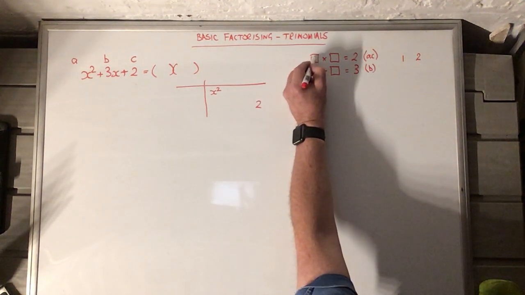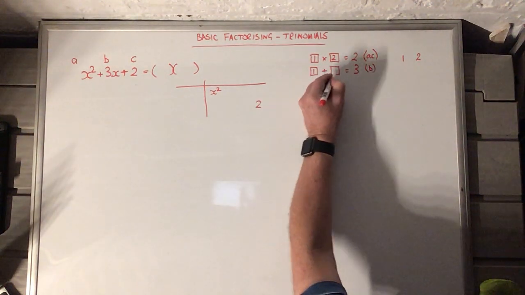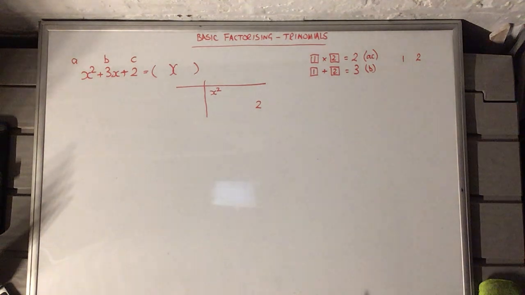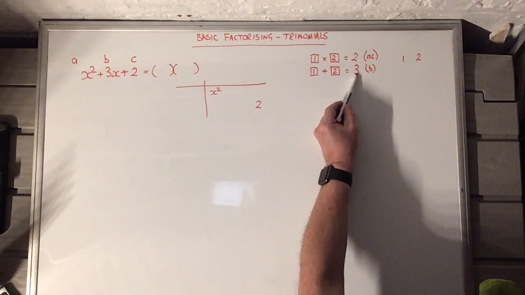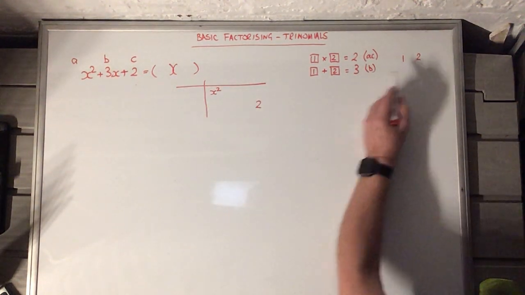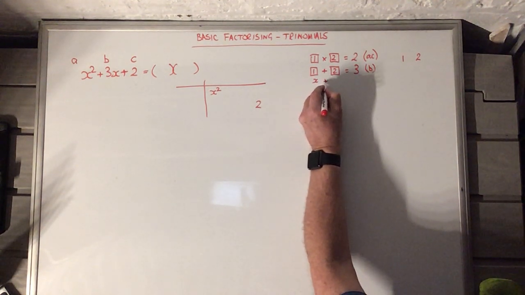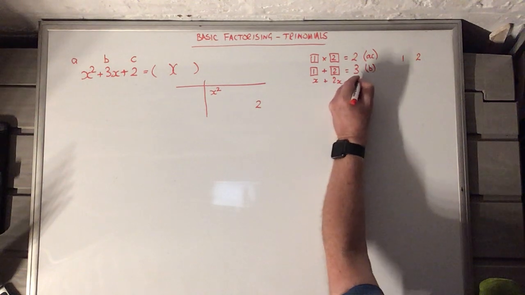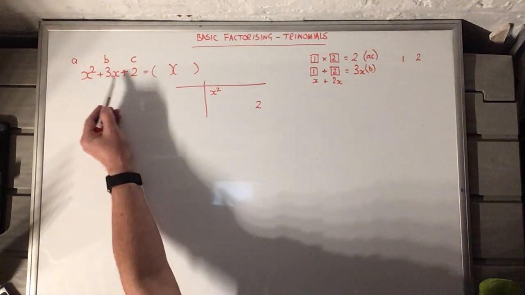So it's 1 times 2, and 1 plus 2 gives me 3. But the wee caveat to that is that this 3 value is actually in terms of x's. So rather than 1 and 2, we actually need 1x plus 2x's, because we really need that to make 3x, because that's what the middle term is here.